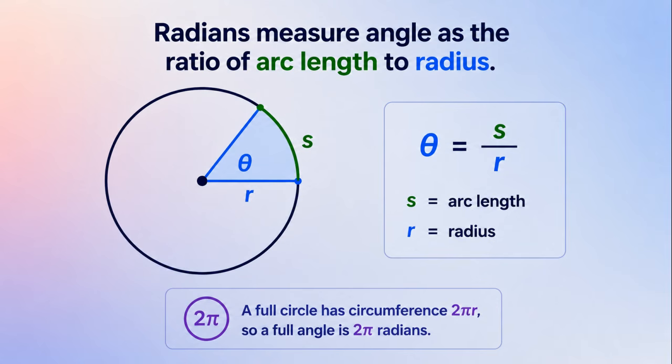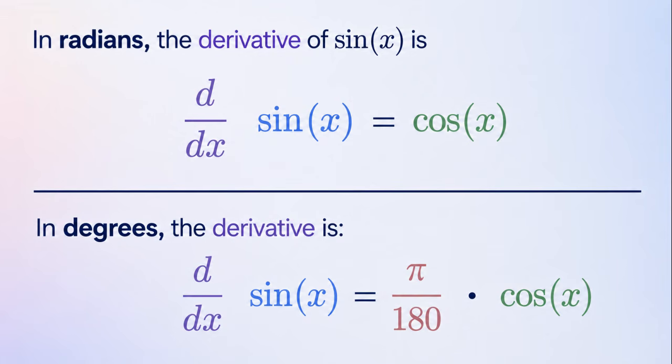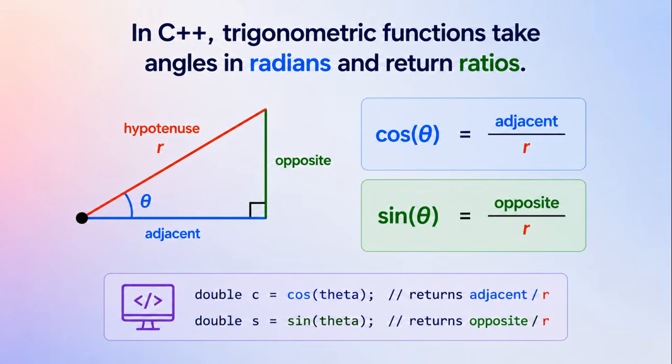The derivative of the sine of x is the cosine of x, but only if we use radians. If we use degrees, it would be pi divided by 180 multiplied by the cosine of x, which is not as compact. The cosine and sine functions in C++ expect the angle in radians and return the corresponding ratios.